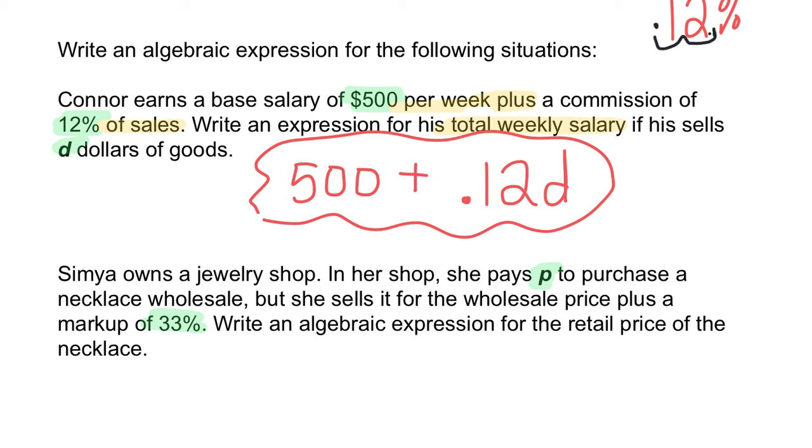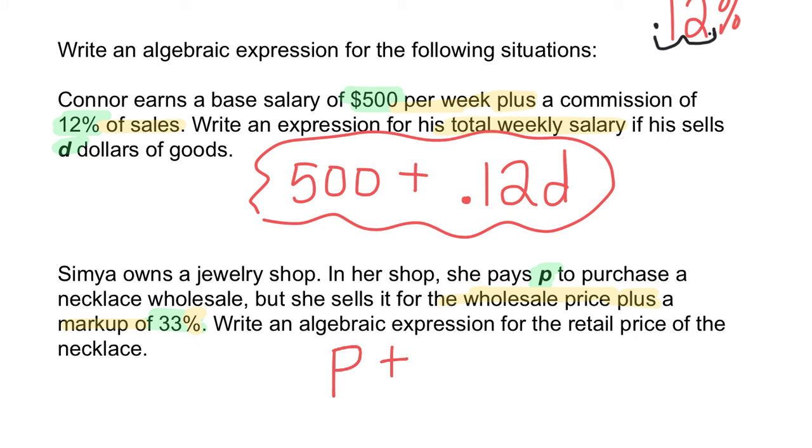I'm going to look for some words that tell me what else to do. So I have she sells it for the wholesale price plus the markup of 33%. So I'm going to look at how to put this together with addition because it says that she sells it for that and we're looking for her sale price. So what she pays for it plus the 33% markup.